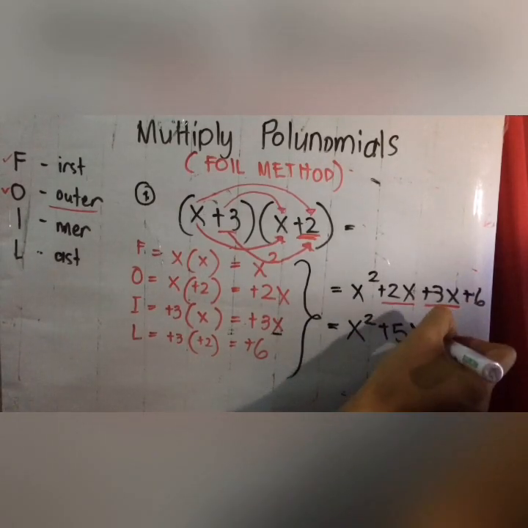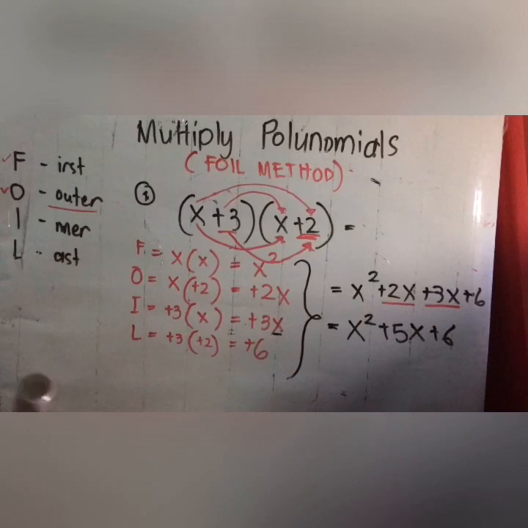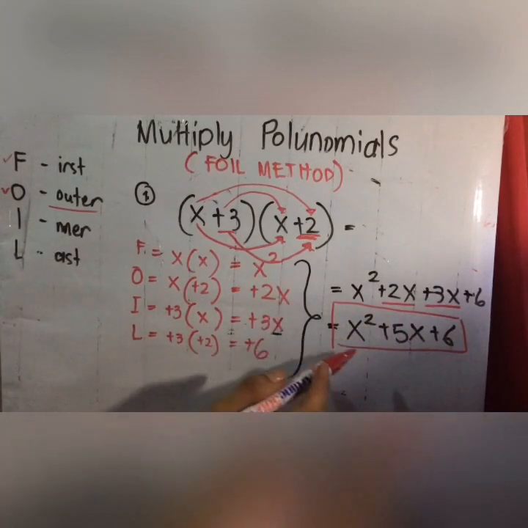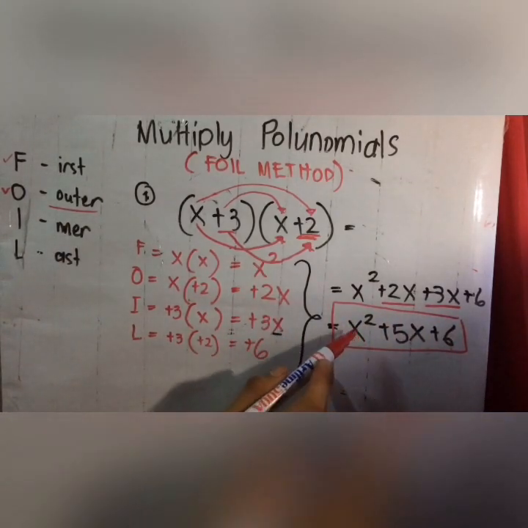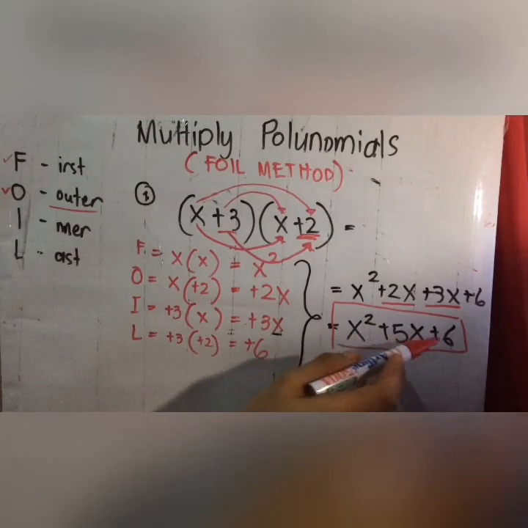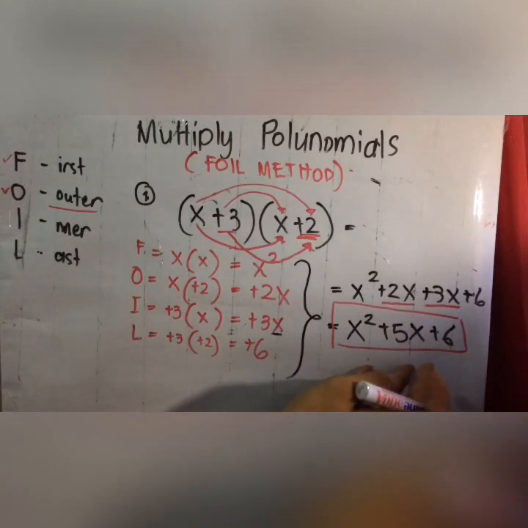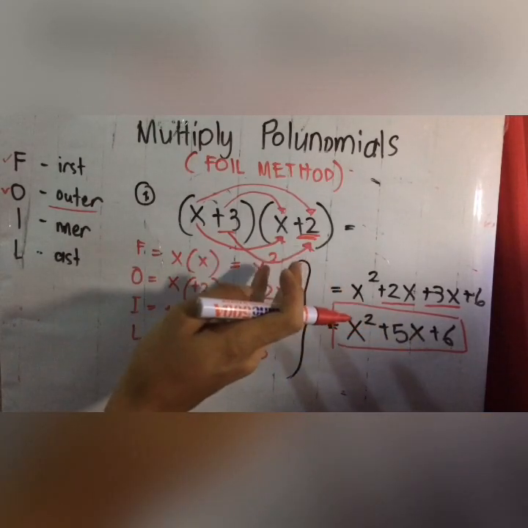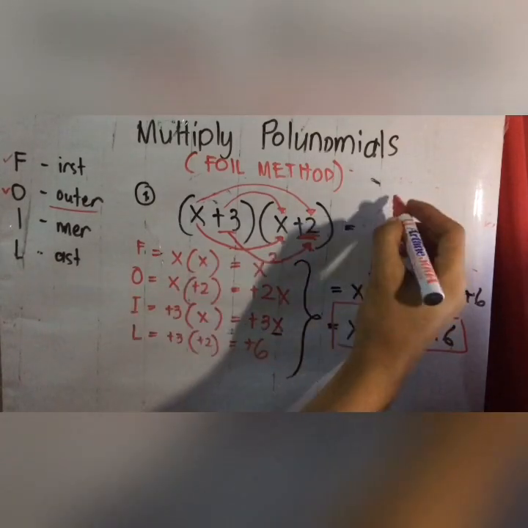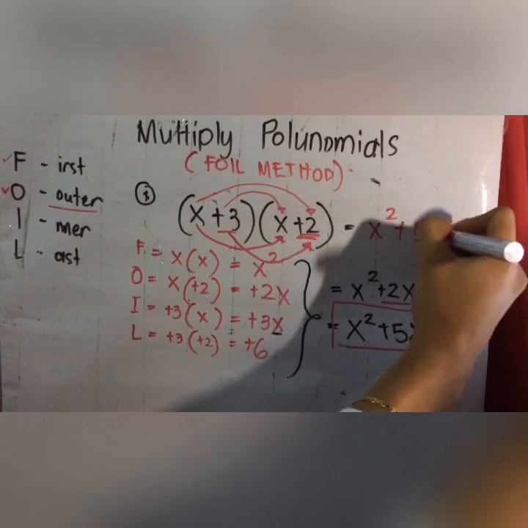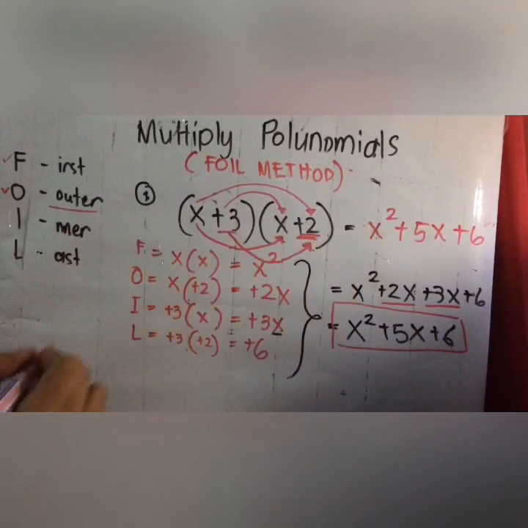Then you copy positive 6. Is this now our final answer? Yes, it is, since by observing or analyzing, the terms are unlike terms already. Therefore, we cannot simplify this anymore. Therefore, the product of the two binomials is just equal to x squared plus 5x plus 6.